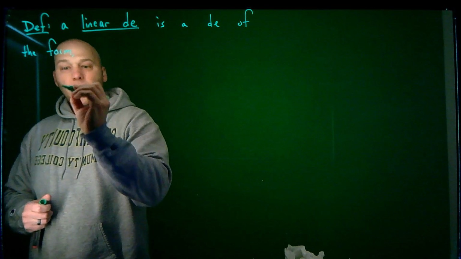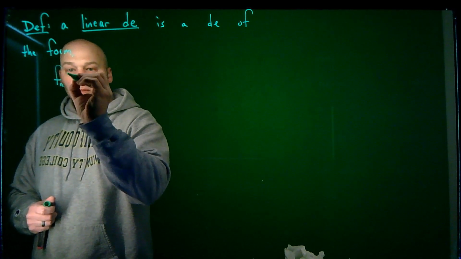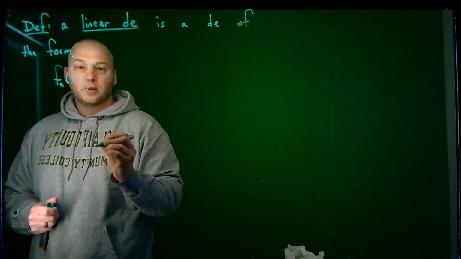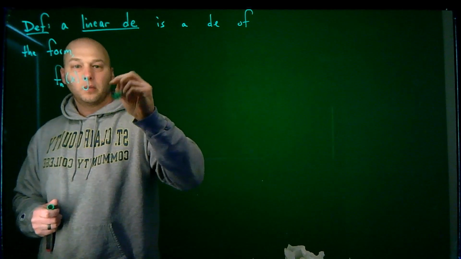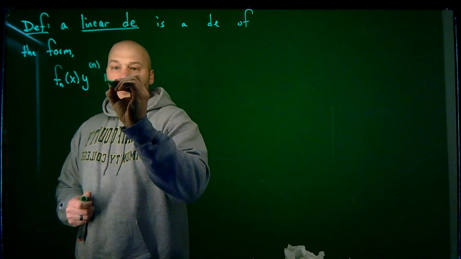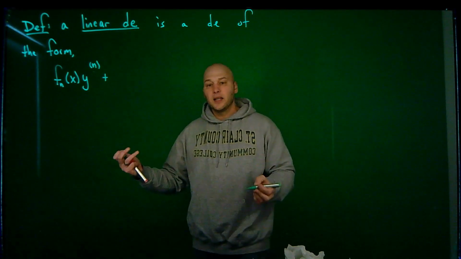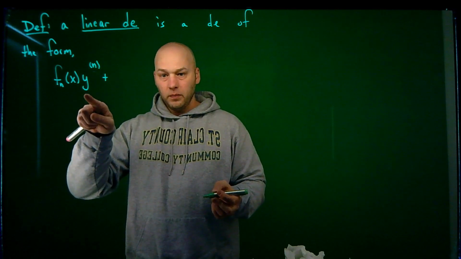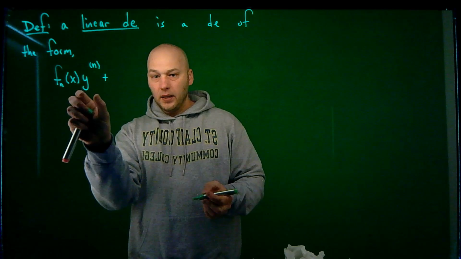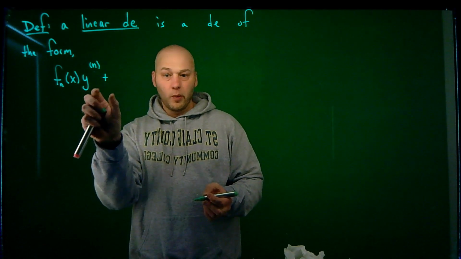The idea is that I'm going to have terms that look like this. Actually, let me write this more generically. So I'm going to add more terms to this, but the idea is that each derivative term is not going to have a power on it. It's going to just be that term, like the first y prime, y double prime, y triple prime.